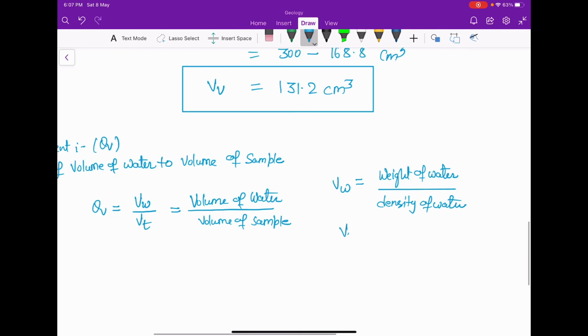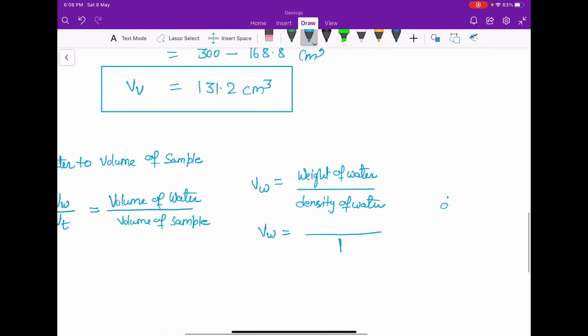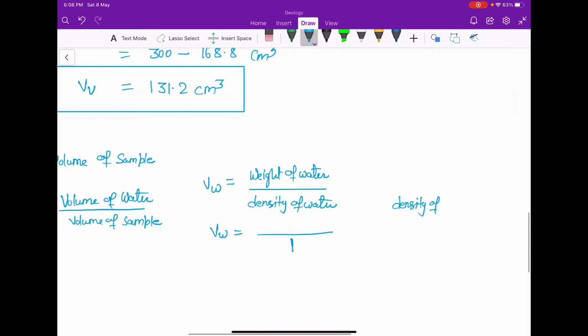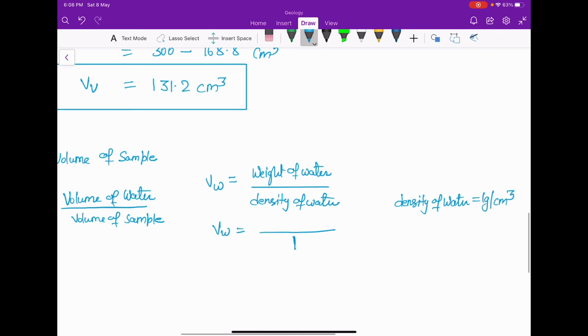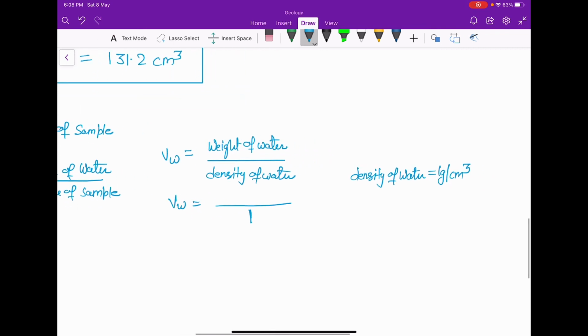The density of water is 1 gram per centimeter cube.